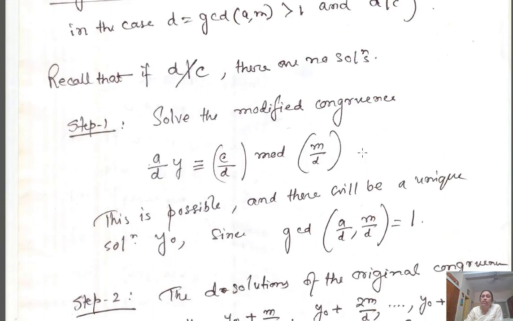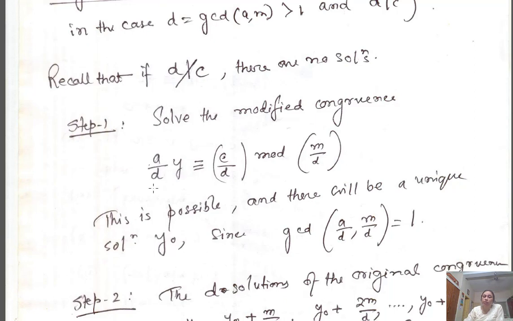Since for this modified congruence we get a over d and m over d co-prime, with GCD 1, a over d has a multiplicative inverse modulo m over d. Once you determine that inverse, you can simply multiply it with both sides and you get the unique solution.